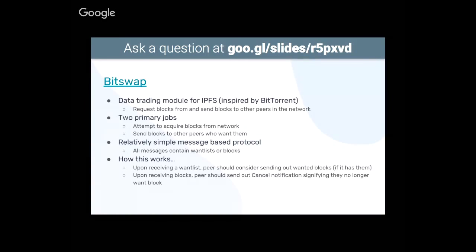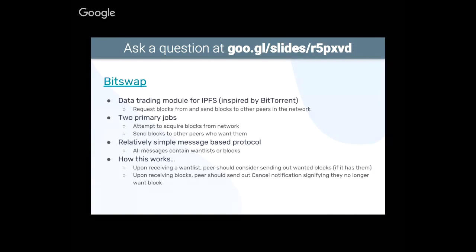Essentially, when a peer receives a want list from a fellow peer, that peer needs to decide if they want to send over the requested blocks. And obviously, it checks if it has them first. If it doesn't, then it's really not much of a problem. And then the other peer, upon receiving those blocks, needs to then send out a cancel notification telling the network that they don't need a given block anymore because they've retrieved it.